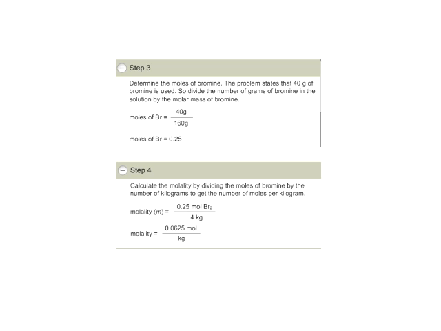Now the question is, how do you calculate that in kilograms? You calculate the molality by dividing the moles of bromine by the number of kilograms to get the number of moles per kilogram. Anyone stuck there yet?